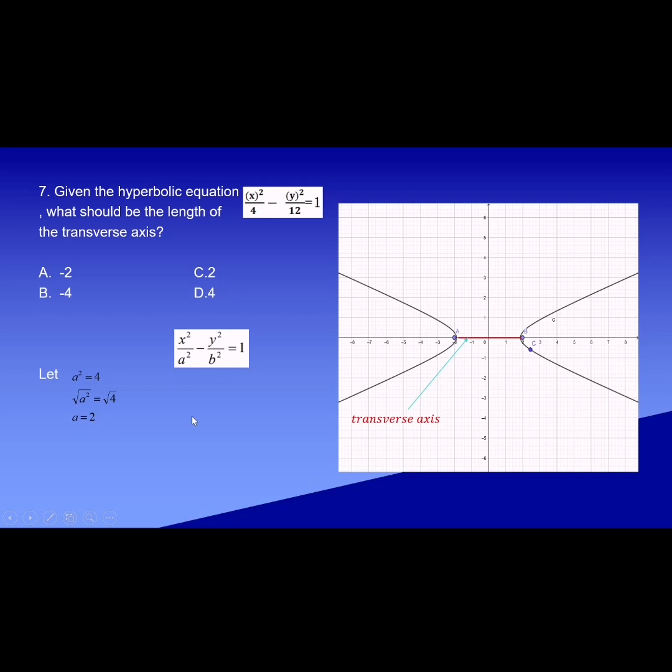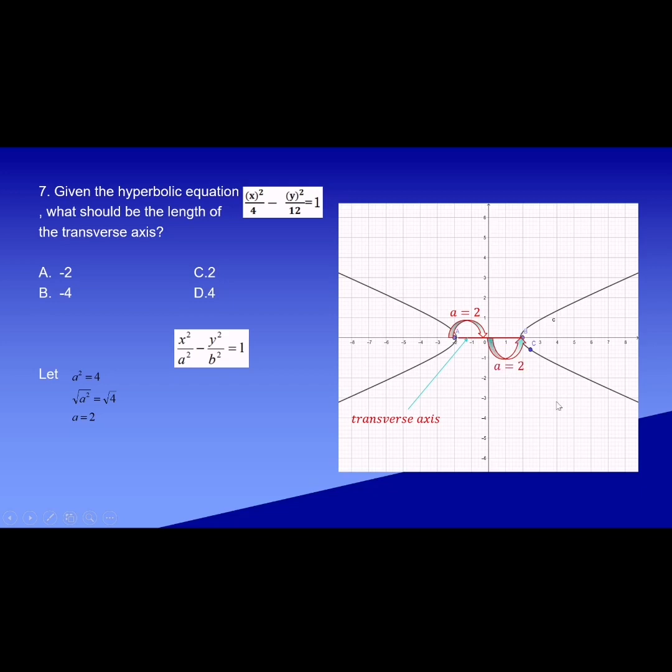So a is equal to 2. Each vertex is a units away from the center, so that is a equals 2. Same with the other side.